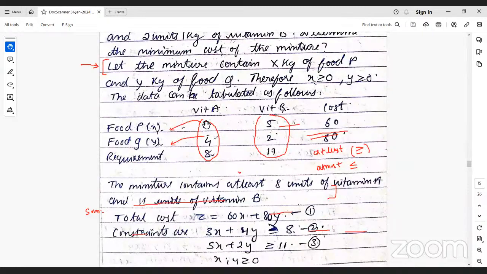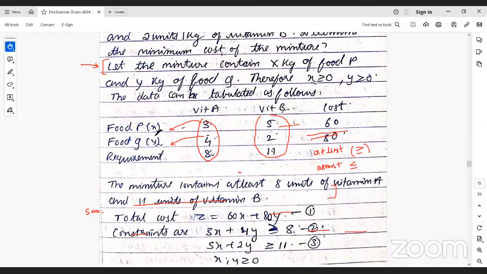Based on this, 3 into x and 4 into y will form an equation, and this must be greater than equal to 8. So our first constraint is 3x plus 4y greater than equal to 8. Similarly, based on the next condition, 5 you need to multiply with x, and 2 you need to multiply with y.